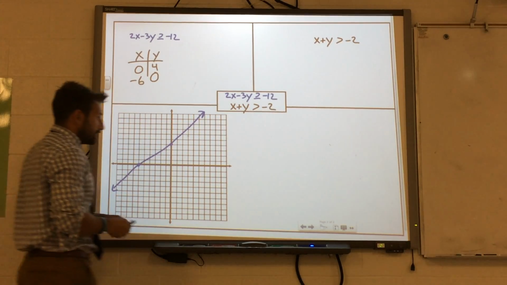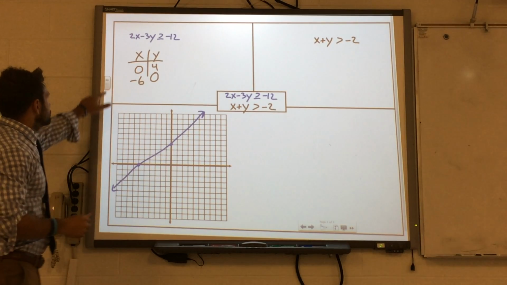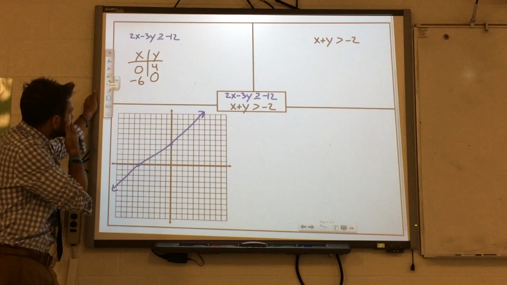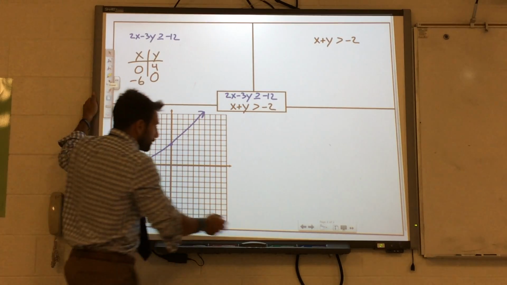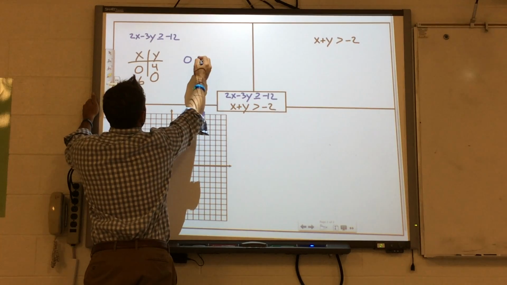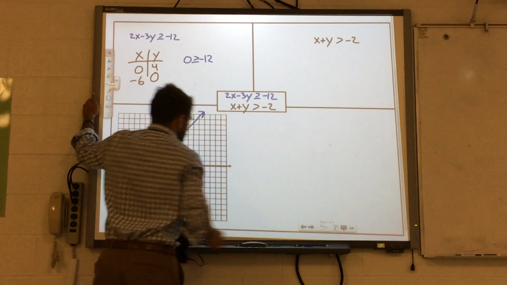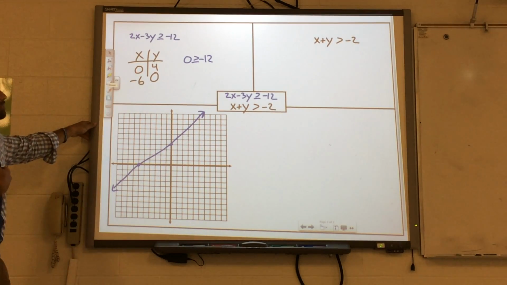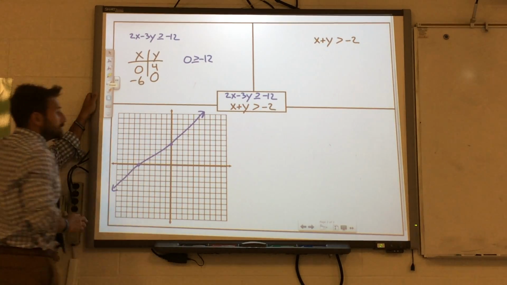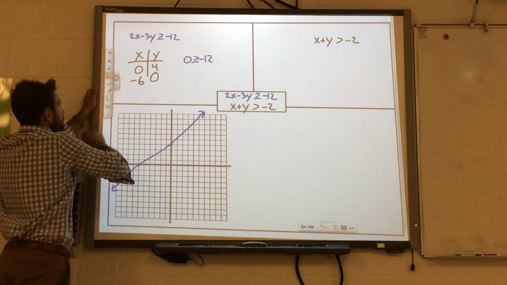We have to figure out, do we shade above or do we shade below? So let's see. Use your test point 0, 0. Is 0 greater than or equal to negative 12? 0 is greater than or equal to negative 12, so we're going to shade this bottom region. This time, instead of using my pen, I'm going to use a highlighter. Okay?